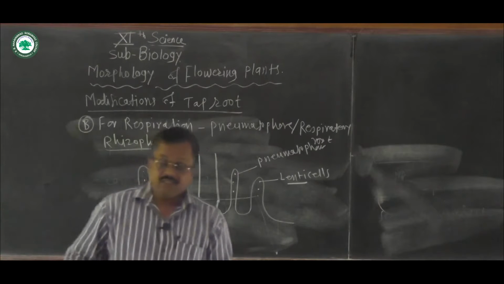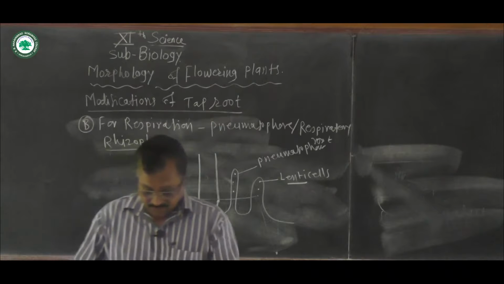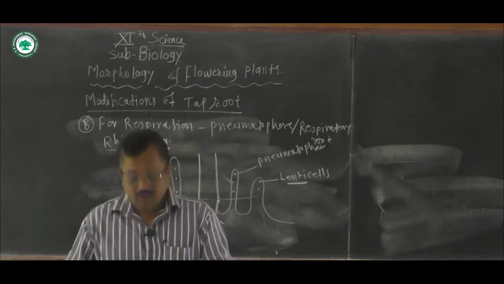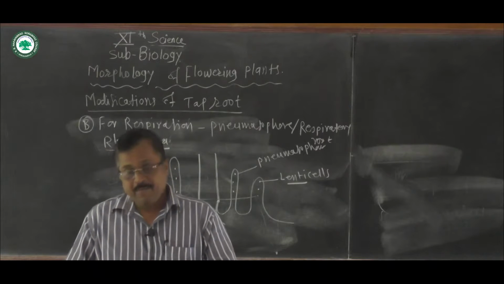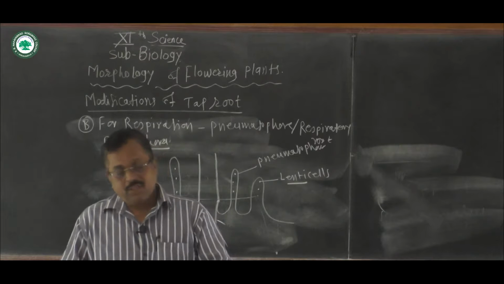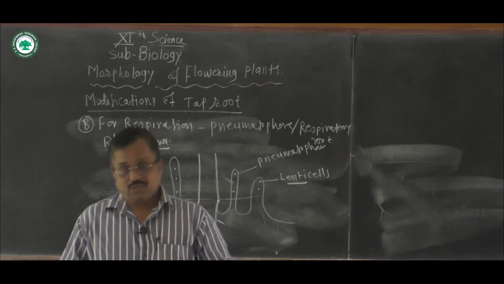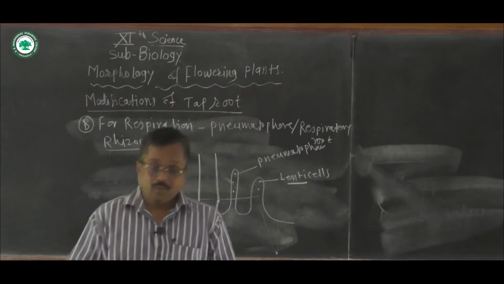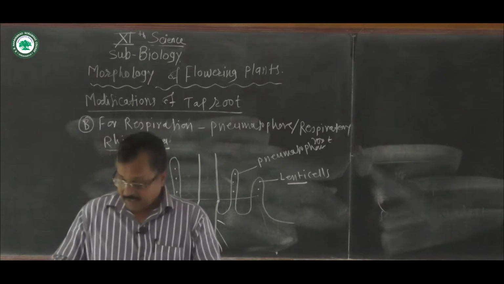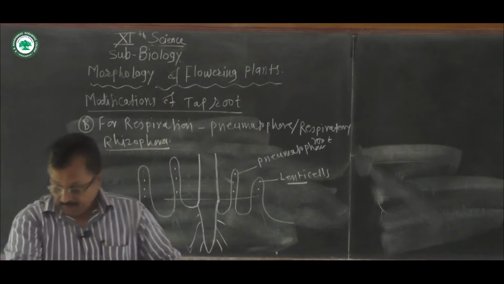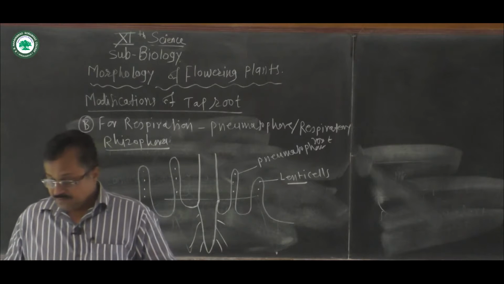It grows near the seashore, in waterlogged, salty soil, and that is why oxygen is less in this soil. To take oxygen, they develop roots above the soil surface, and these roots are called nematophores.